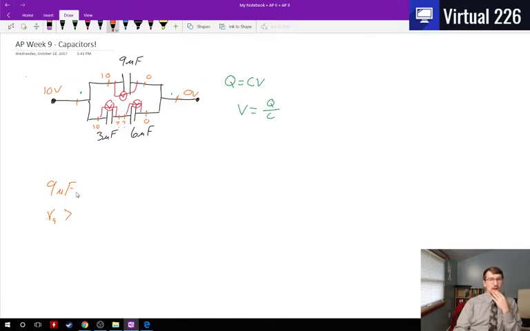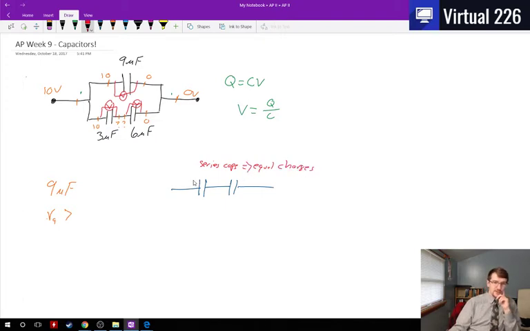If we then consider some things we know about capacitors, when I have capacitors in series, they have equal charge distributions on them. Series caps equal charges.